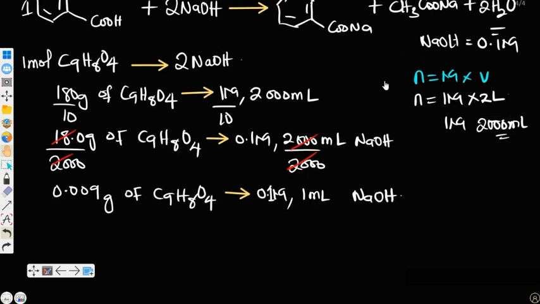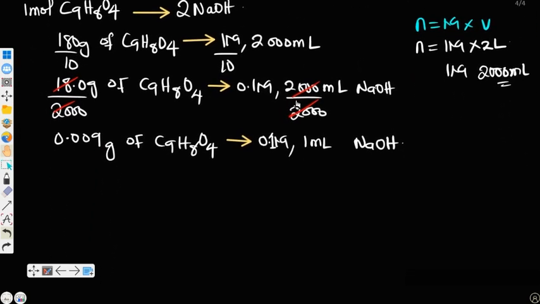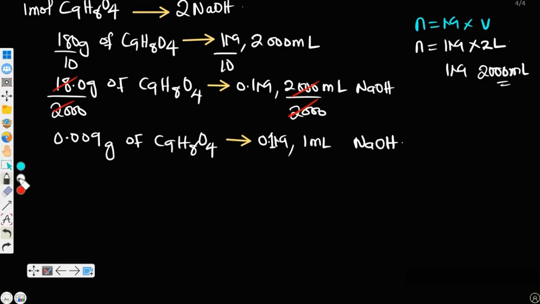What is the titer value we had here due to aspirin? 13.4. Centimeter cube is the same as ml. So you can use your normal cross multiplying, but I'm going to show you the idea of factor. 0.009 gram of C9H8O4 reacted with 1 ml of sodium hydroxide.